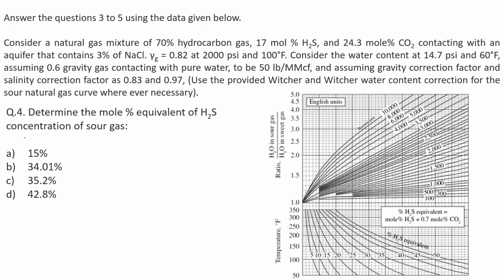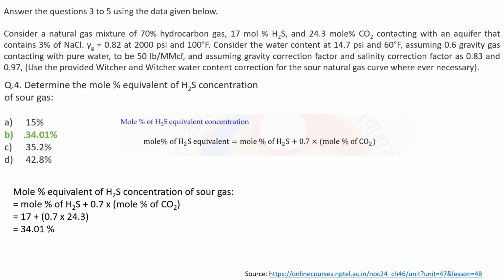Now with the same data we have to determine the mole percent equivalent of H2S concentration of sour gas. The equation to find the mole percentage of H2S equivalent concentration is equal to mole percent of H2S plus 0.7 times mole percent of CO2. The mole percent of H2S is given, that is 17 mole percent, and the mole percent of CO2 is known as 24.3 mole percent.